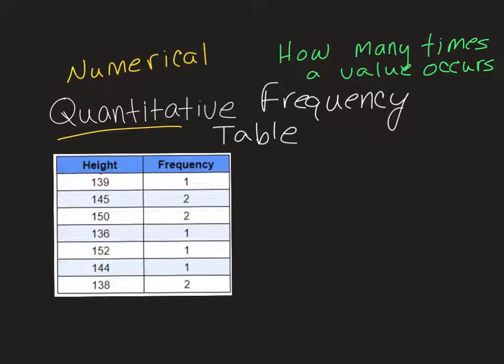So then the next word, we've got quantitative, and then frequency is just another way that we say in statistics how many times a value occurs. So how frequent is that value?